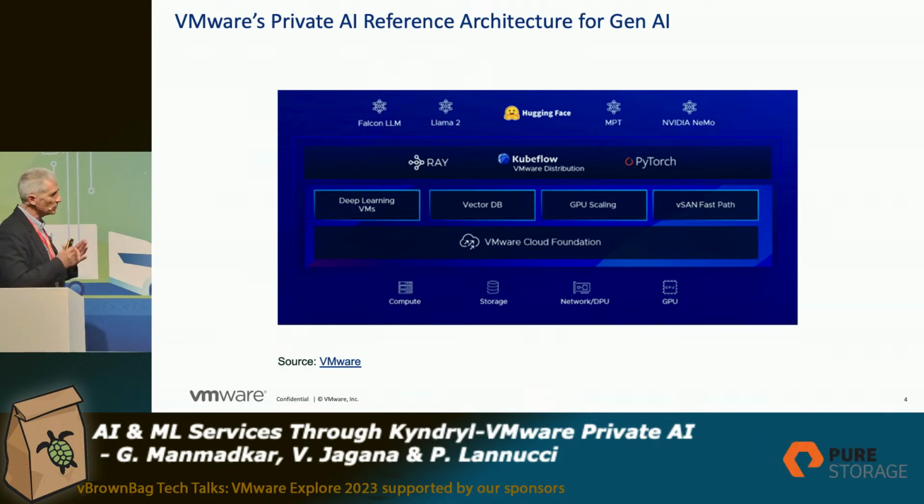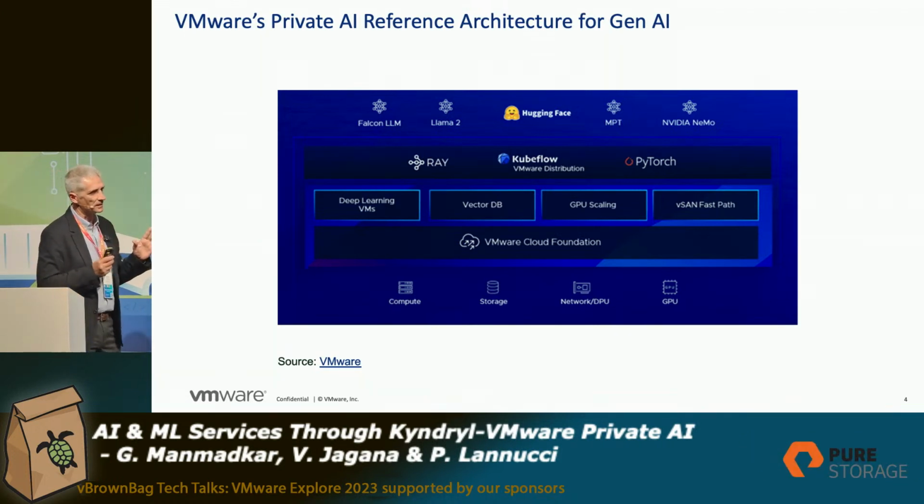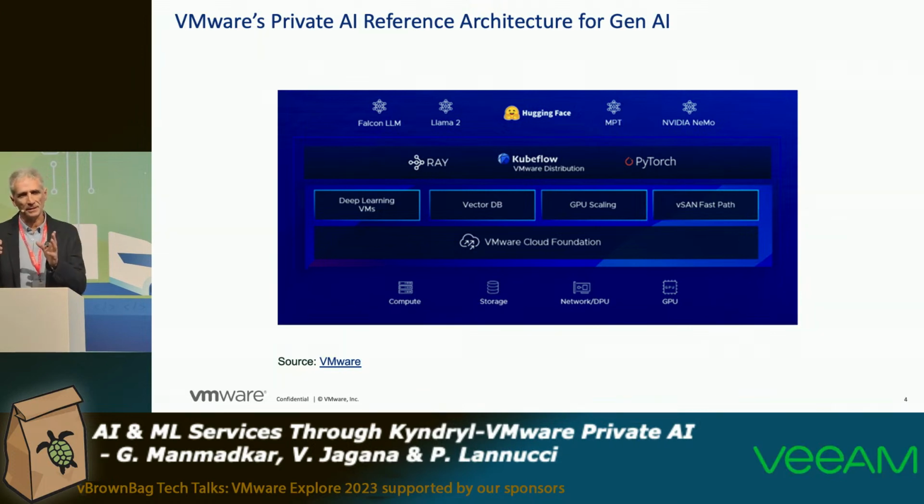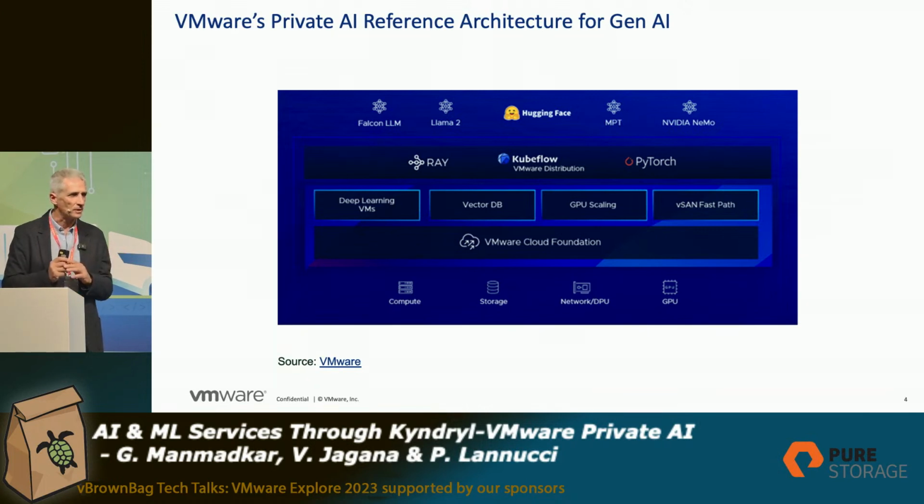Now, before we deep dive into the reference architecture, I don't know if you are already familiar with the difference between traditional AI and Gen AI. Just a couple of words to make clear the key drivers for Gen AI with respect to traditional AI.